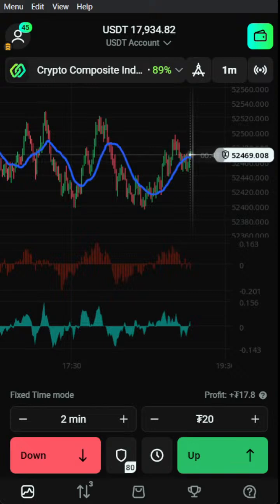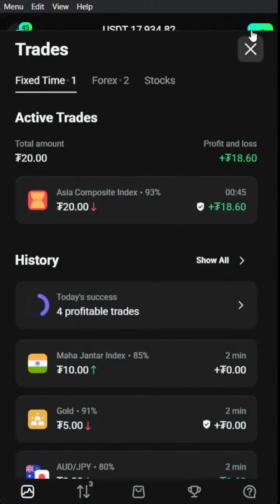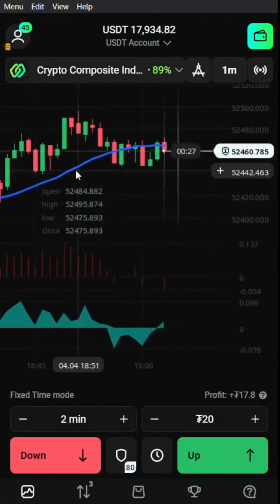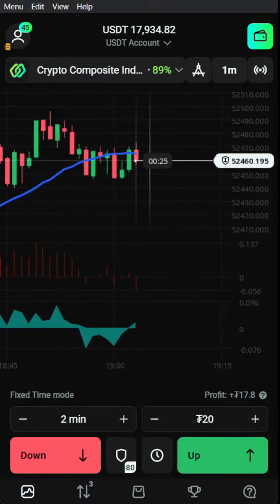Alright guys, so let's wait for this trade to end, and then we will understand what we need to do, where we need to do it, how we need to work and all of that. Then we will work on our recovery part. As of now there is one active trade. Let this trade end, we will know what we landed at, and then we can make our trades further.